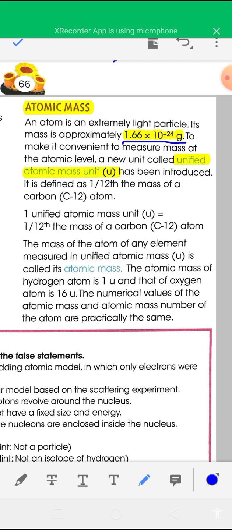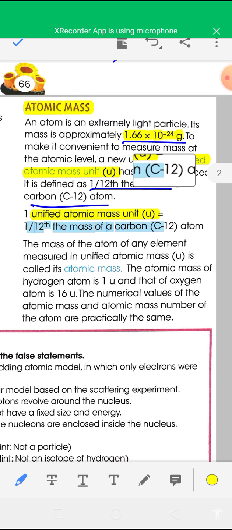The unified atomic mass unit is defined as 1/12 the mass of a carbon-12 atom.